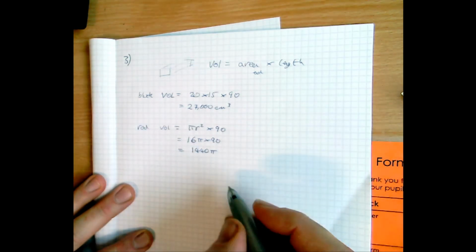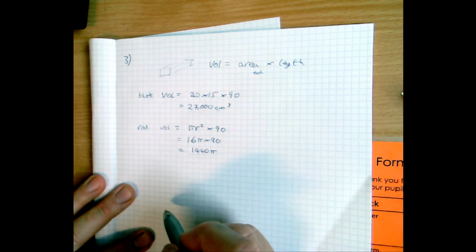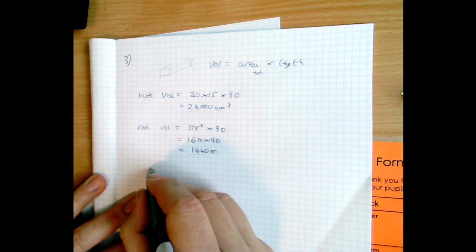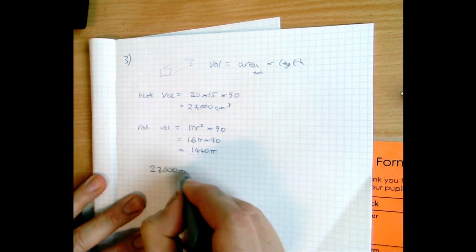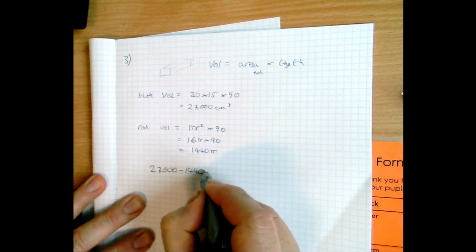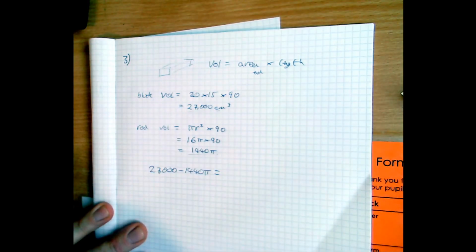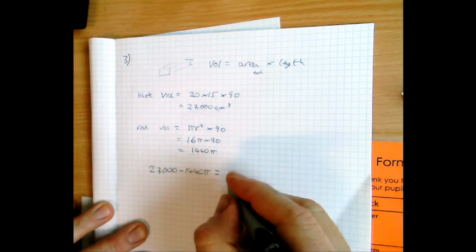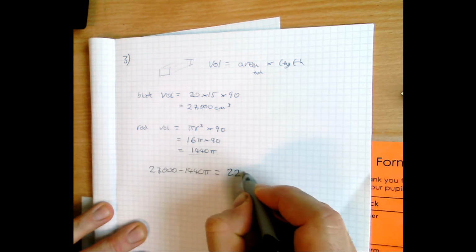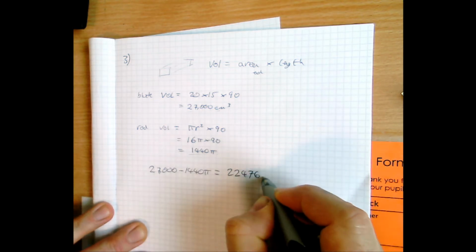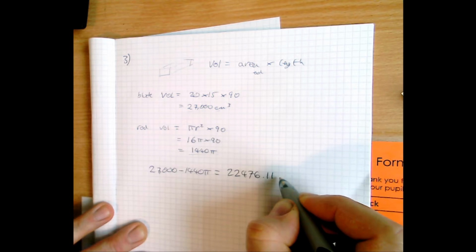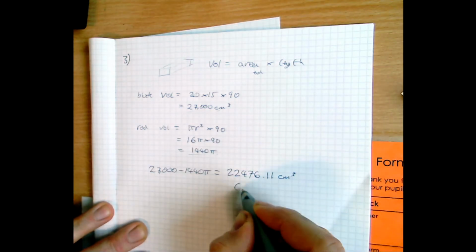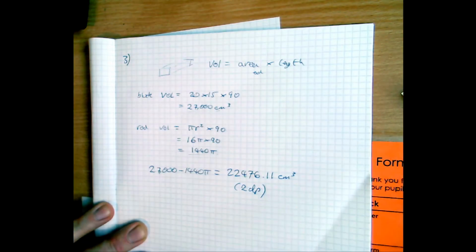So the volume of the concrete of the block is the whole block, take away the rod, 27,000, take away 1440 pi. I'm not asked to leave it in terms of pi, so I suspect it's a calculator question. And I'm going to give this to 2dp. It's volume, so it's centimetres cubed given to 2dp.